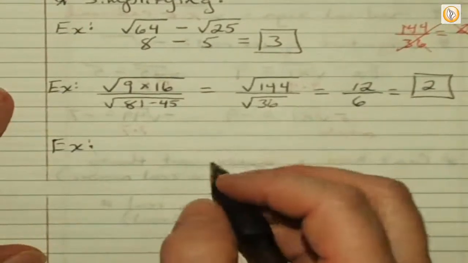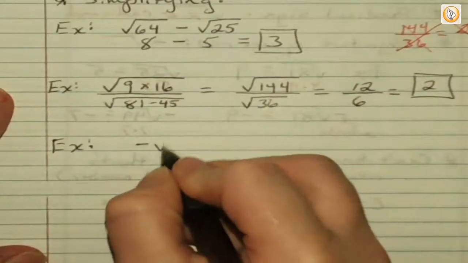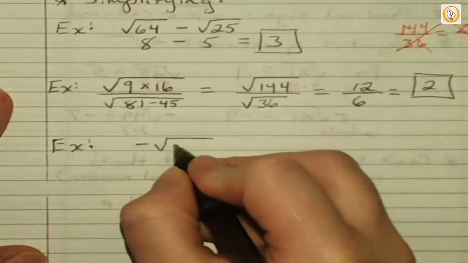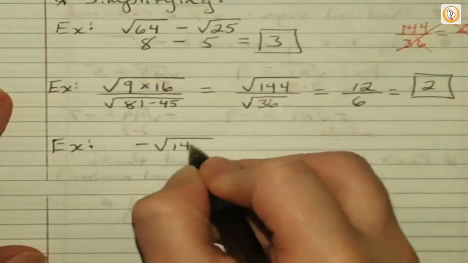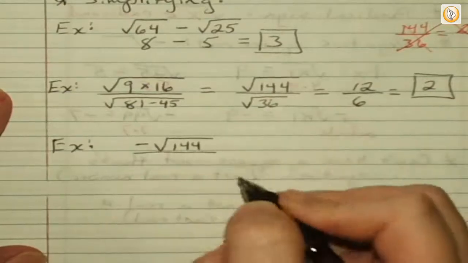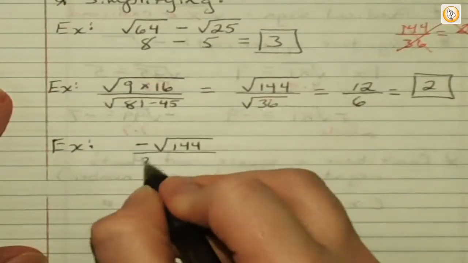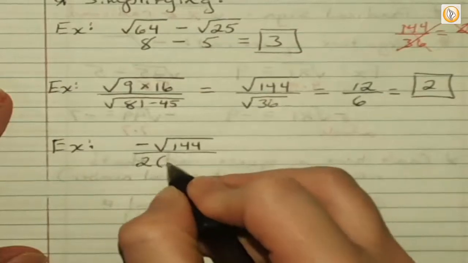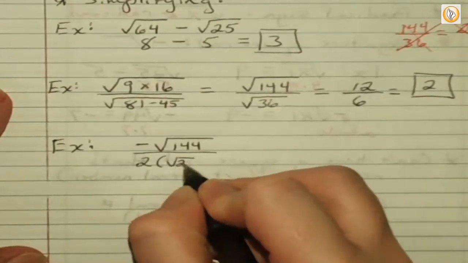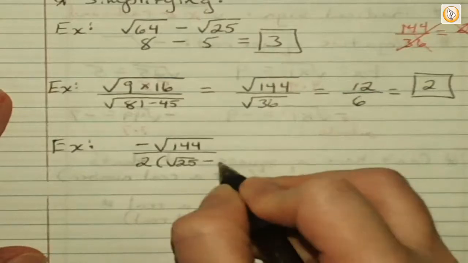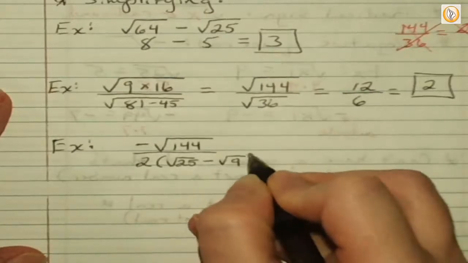All right, let's do another. Negative square root of 144 divided by 2 times the square root of 25 minus the square root of 9.